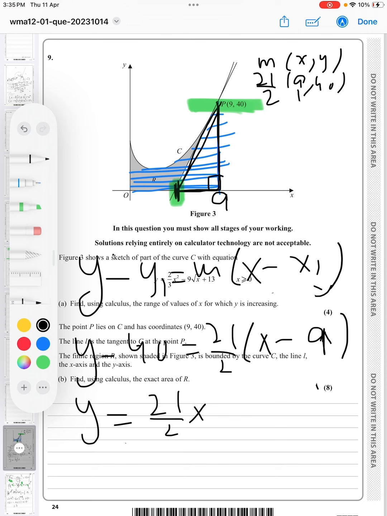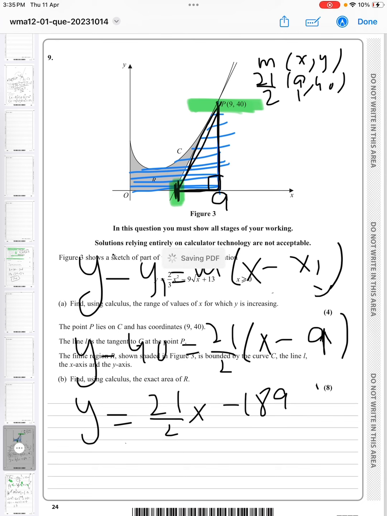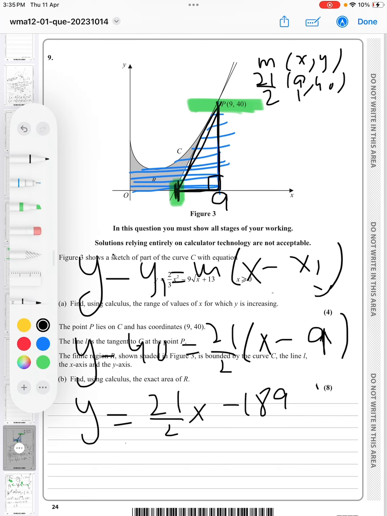So 21 times 9 will be 189 upon 2, plus 40. So y equals 21 upon 2 x, and hold on, 189 upon 2 plus 40 will give us 109 upon 2.